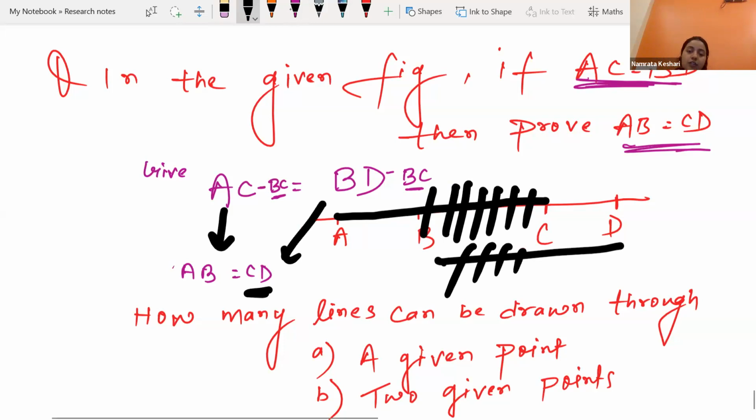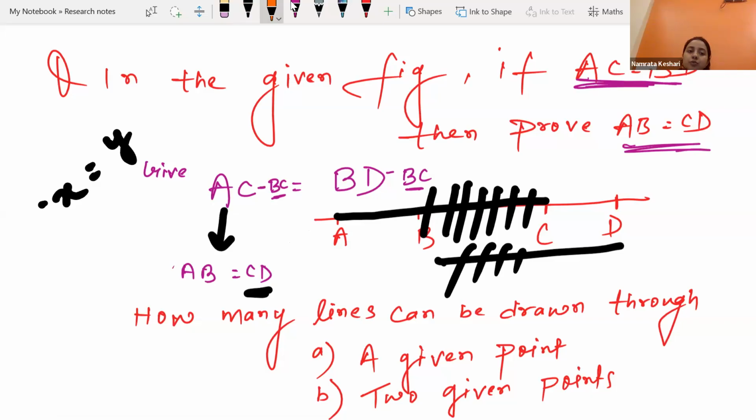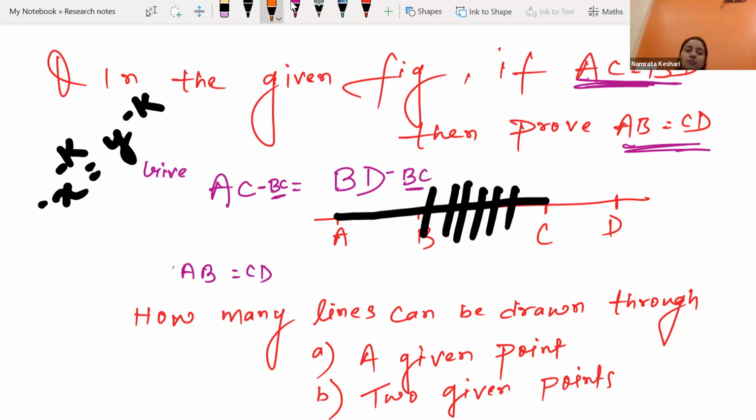And what axiom will we use? Axiom number 3, that is, if x and y are already equal and you are subtracting the same thing from both sides, if equal is subtracted from equal, if you are subtracting k from here and k from here, then the remainders will still be equal to each other.